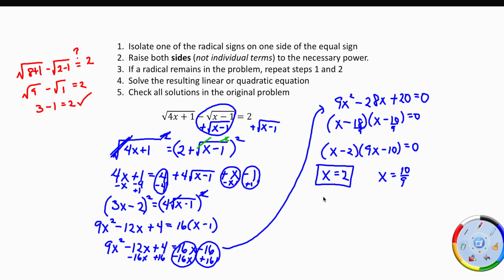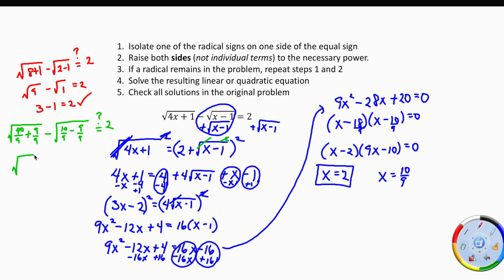Let's try 10/9 in the original equation. Is the square root, now if I put 10/9 here, that's 40/9 plus 1. I know I'm going to need a common denominator. Let's go ahead and make that 1 9/9, minus the square root of 10/9. Again, a common denominator. I can write 1 as 9/9. Is that equal to 2?